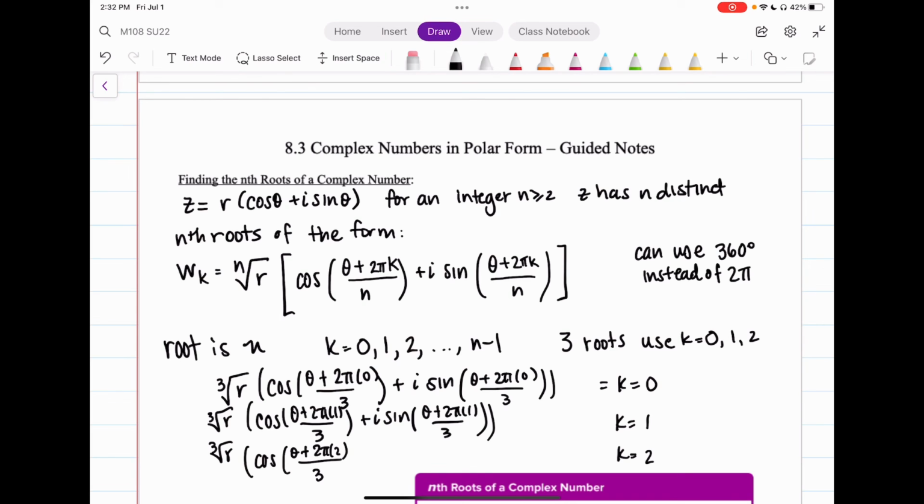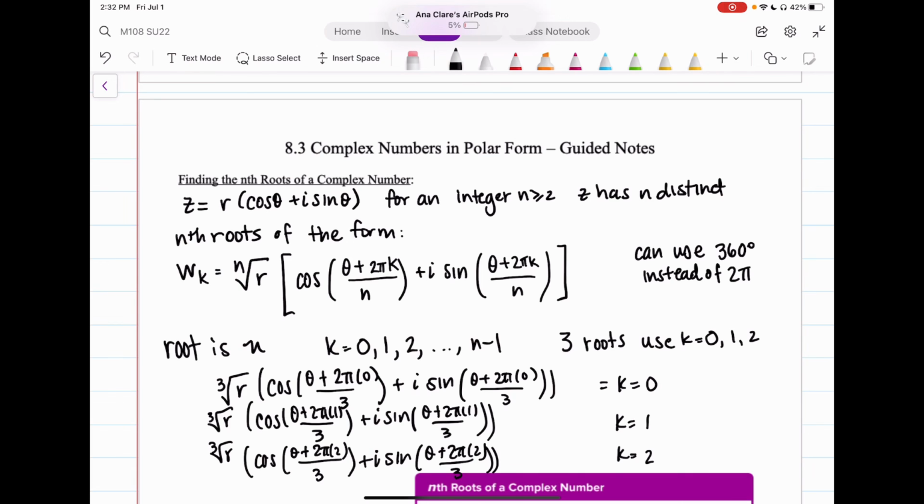It's the k that's changing when you are finding your different values. So whatever power you're talking about, you have that many values of k that you're using. It just starts at 0. So if you're talking about 3 roots, you have 0, 1, and 2. 6 roots, 0, 1, 2, 3, 4, and 5.